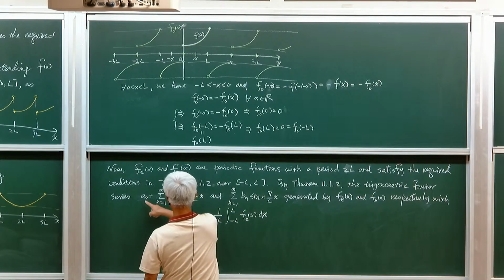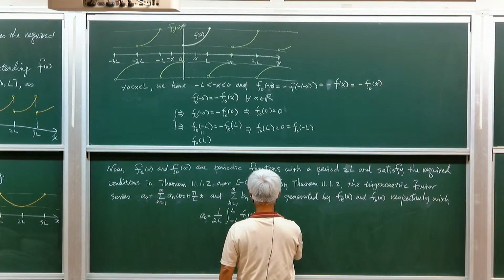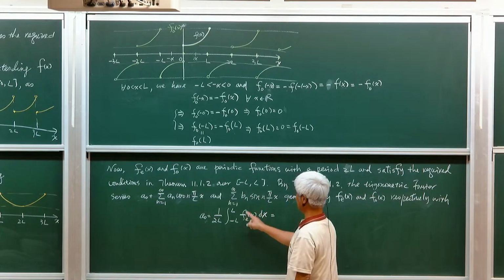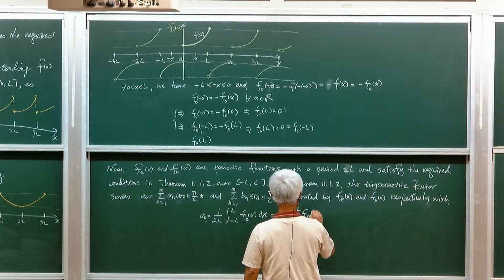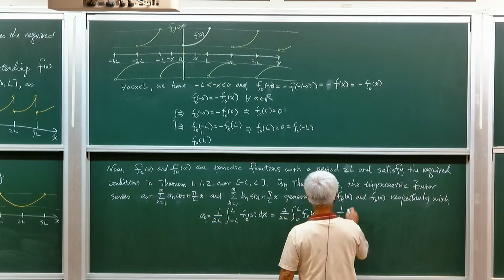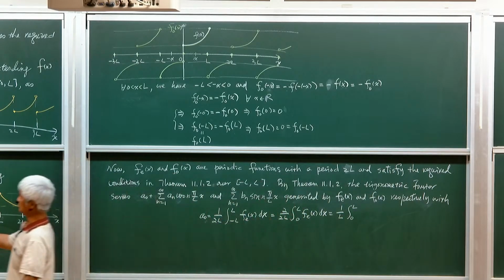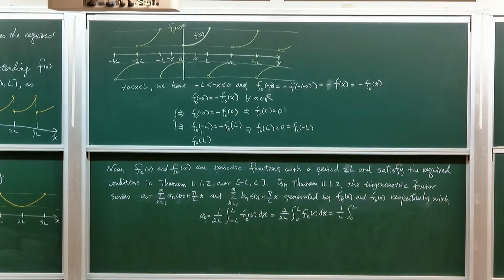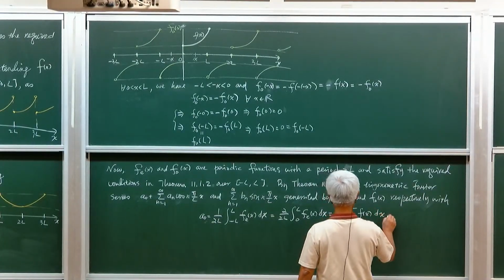The constant term coefficient is a0 = (1/2L) ∫ from −L to L of f_e(x) dx. Because f_e is an even function, this is (1/L) ∫ from 0 to L of f_e(x) dx, but in this range we have f_e(x) = f(x), so this is (1/L) ∫ from 0 to L of f(x) dx.